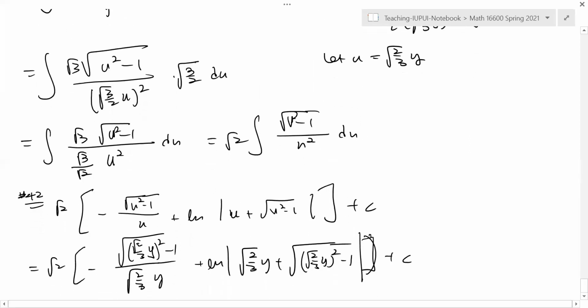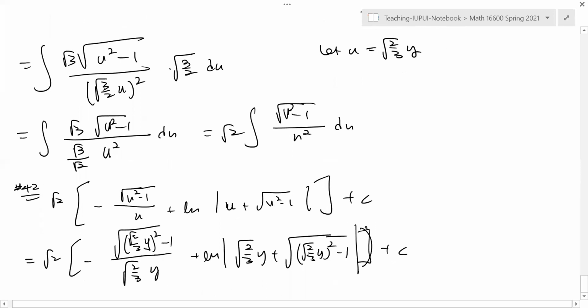Now, what happens if you cannot use a formula? If you cannot use a formula, there are other substitutions you can use. For u squared minus 1, that is a standard substitution. The formula you can probably use is hyperbolic cosine squared x minus hyperbolic sine squared x equals 1.